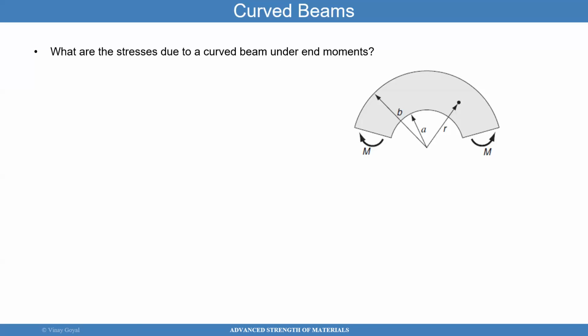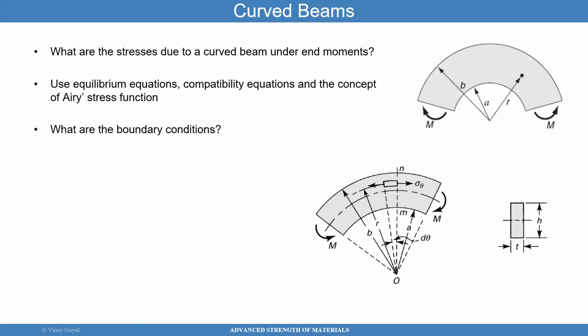And how do we tackle that problem? So we could use the Airy stress function approach, which satisfies the equilibrium equations exactly, the compatibility equations exactly. But then the question becomes, what are the boundary conditions for the problem? Anytime you're working with Airy stress function, you want to fully understand what the boundary conditions of the problem are.